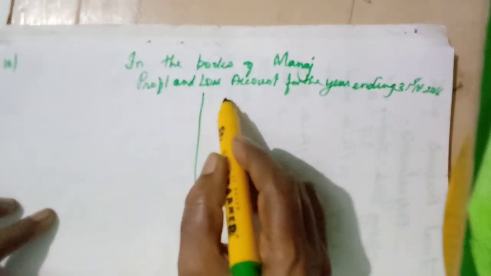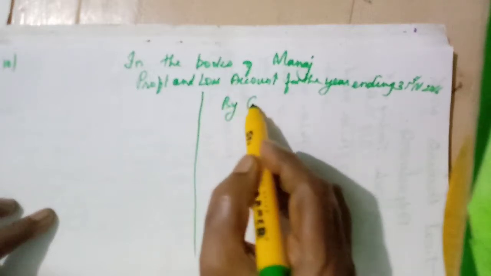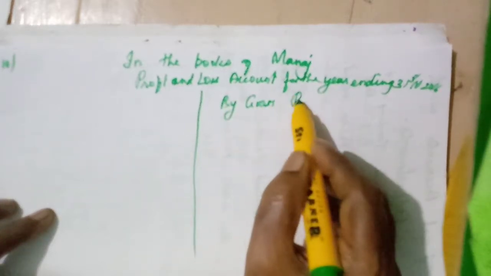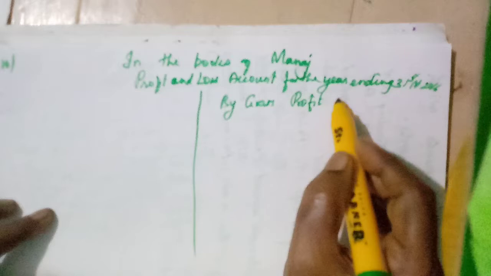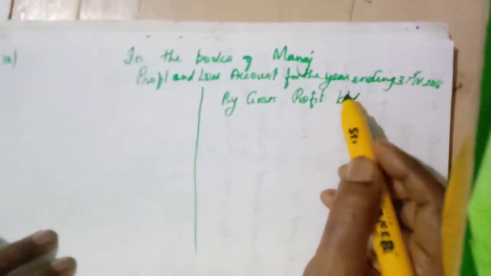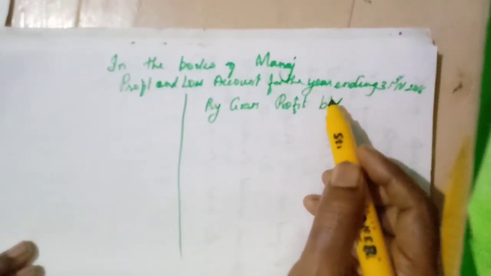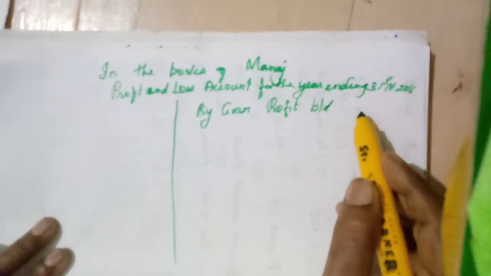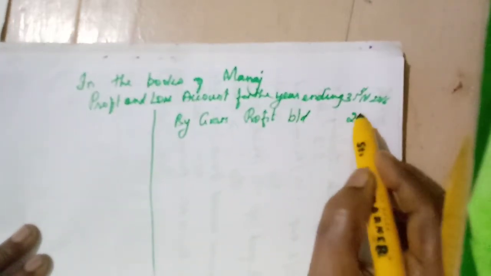Gross profit will appear on the credit side by gross profit brought down, 25,000. For each and every item you should check whether we have adjustments.